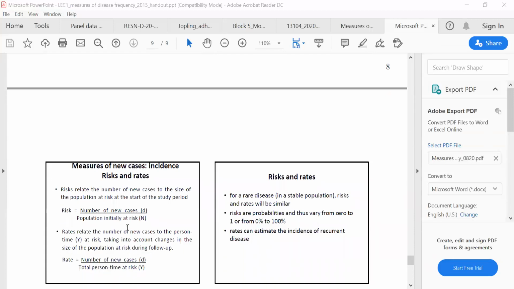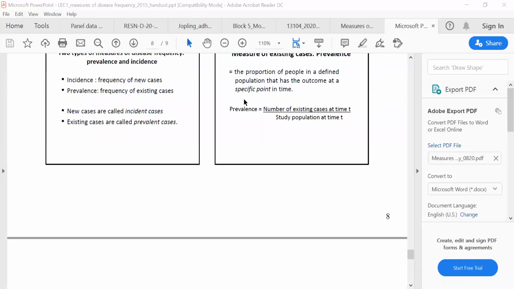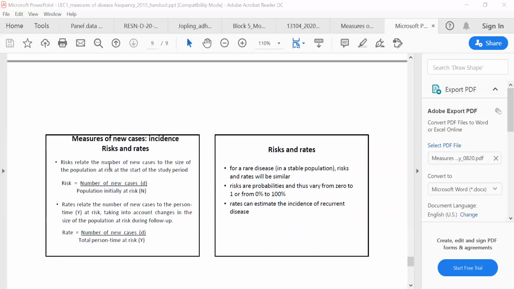Then this is the formula. This was the formula for prevalence: number of existing cases at a specific time, over the population at that time. Then for your risk, it's the population at risk initially, then your number of cases. Then your rate: number of new cases, and your denominator is the total follow-up time.